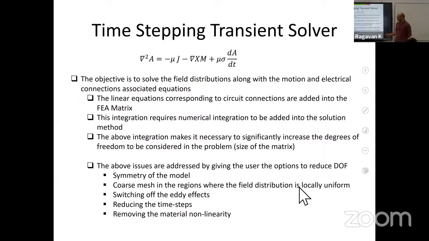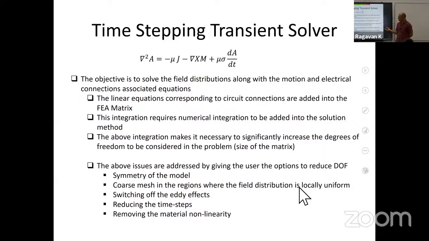One is to cut the machine into symmetric sections and only solve in that small section, right? The second is to make the mesh coarse wherever the magnetic field is uniform, right?